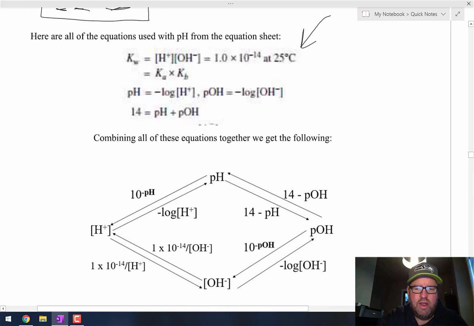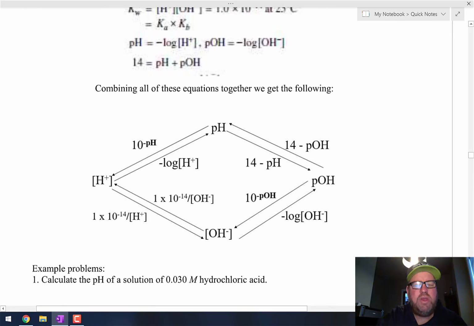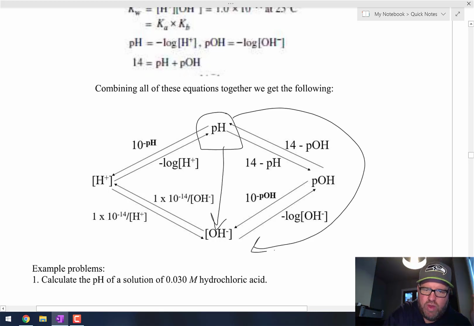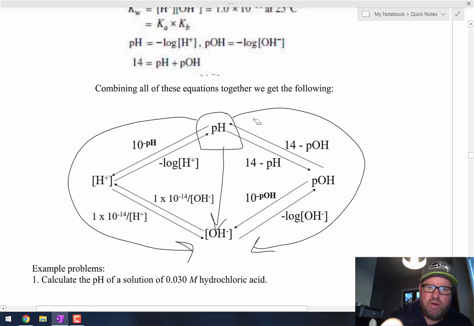Okay, now here's a nice little table to help you go between one or the other. Again, there's no cute little table like this given on the AP test. It really doesn't matter where you start, and it doesn't matter which direction you go in. For example, they might give you the pH and ask you to find the hydroxide ion concentration. You can go this way to find it, or you can go this way. Again, it doesn't matter.